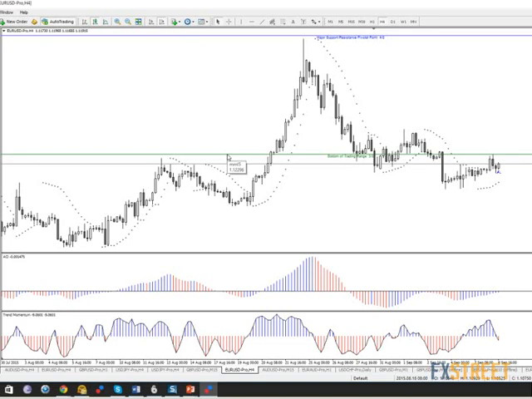Okay, now pay attention. 4.8 is rejecting the price. You need a confirmation of both of these indicators, and this is your confirmation. So you should short it here, because the price has rejected from 4.8, and awesome oscillator turned red, also trend momentum turned red.